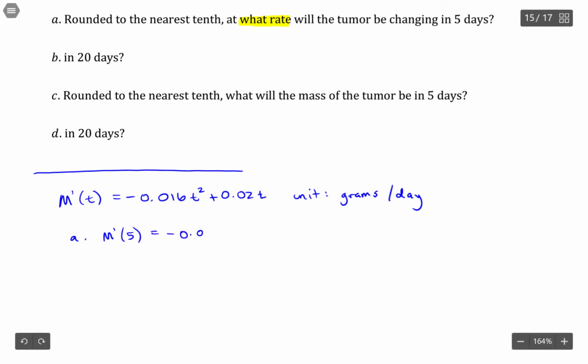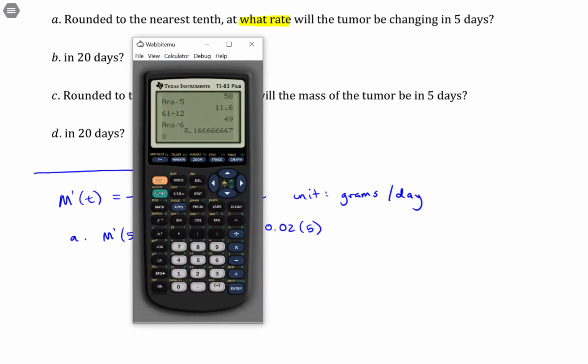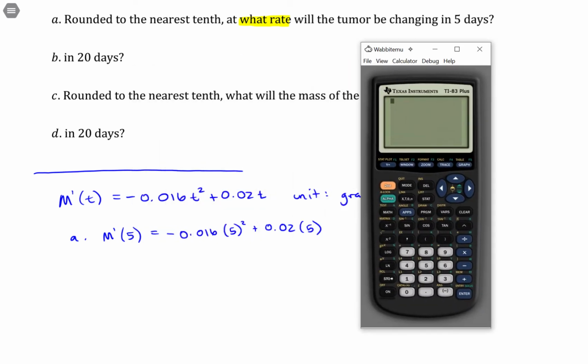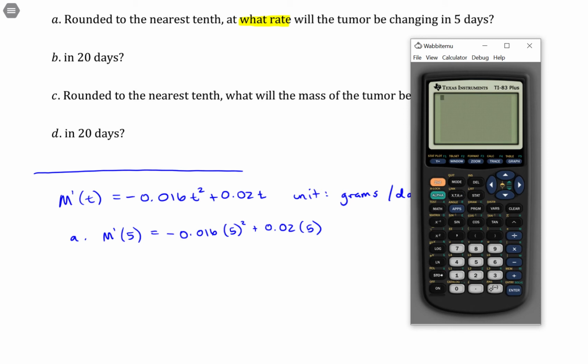So that would be negative 0.016 times 5 squared plus 0.02 times 5. So we're just plugging into the function given. And we'll use the calculator, of course, to figure that out. So negative 0.016 times 5 squared plus 0.02 times 5.